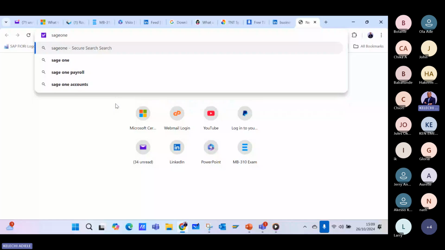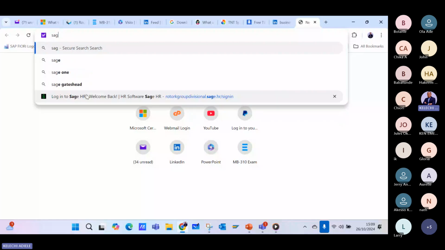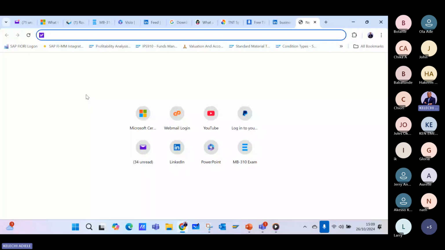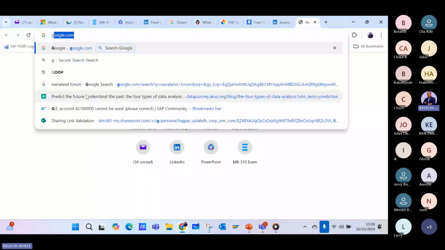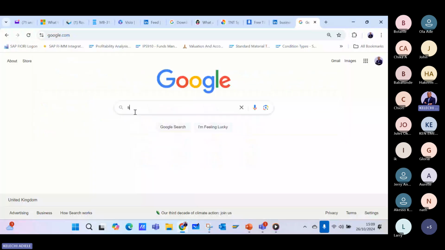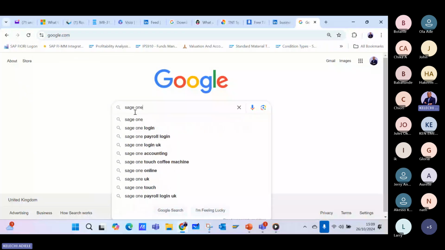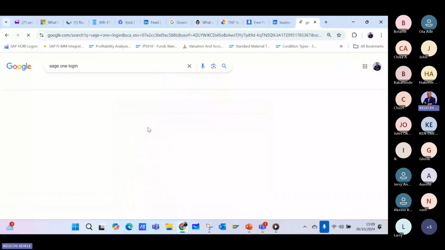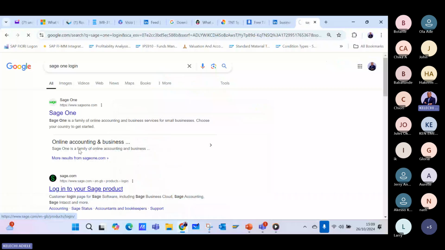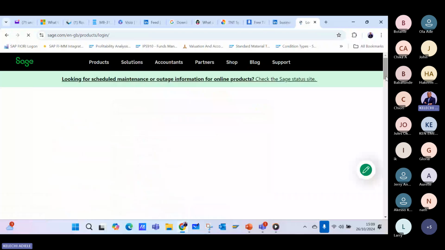Sage One Cloud. So this is the system we're going to be using after learning. I hope to involve you in this project, which you're going to be doing live.